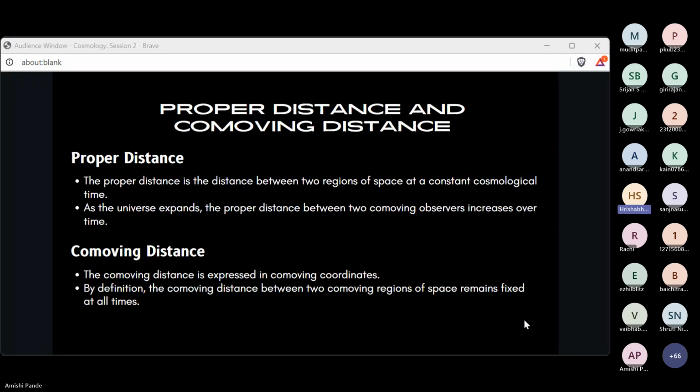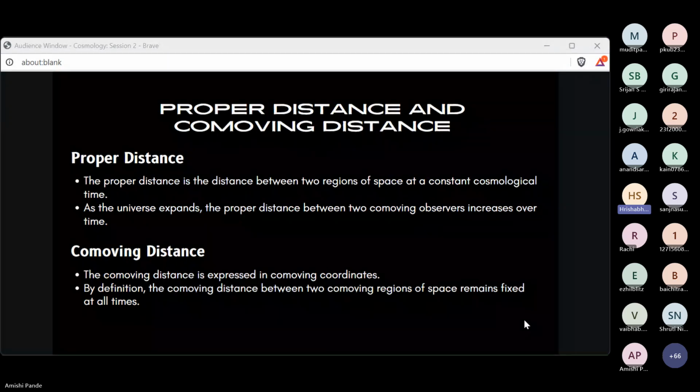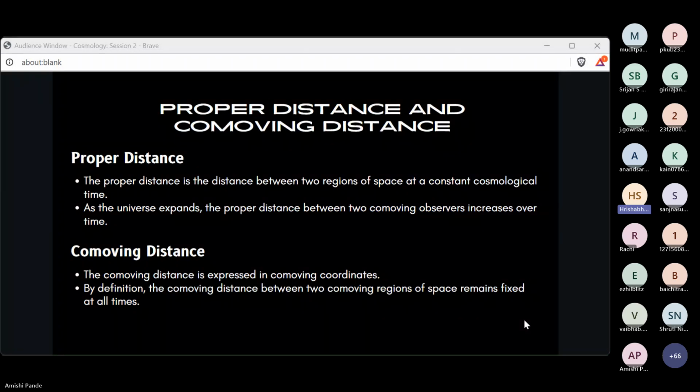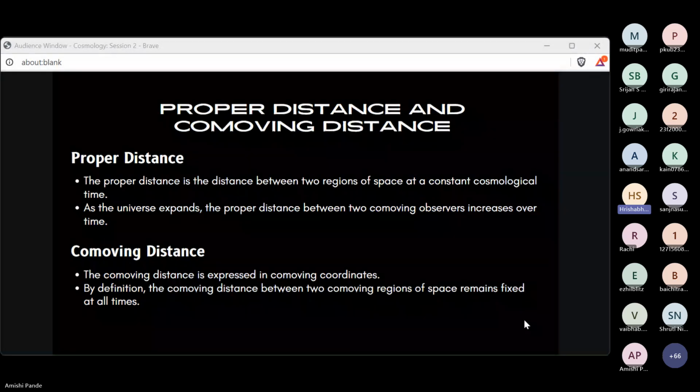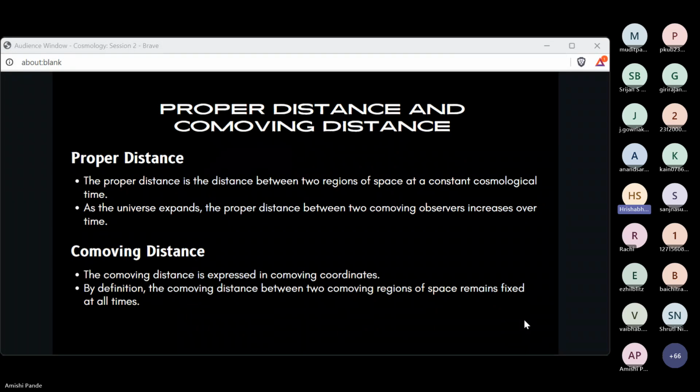I usually like to refer to co-moving distance as co-moving coordinate, because when we saw the FLRW metric, we saw the R coordinate. What the R coordinate usually means in a coordinate system on our own planet is simply the radial distance between two objects. So that radial distance is actually the distance between two objects as well, isn't it?